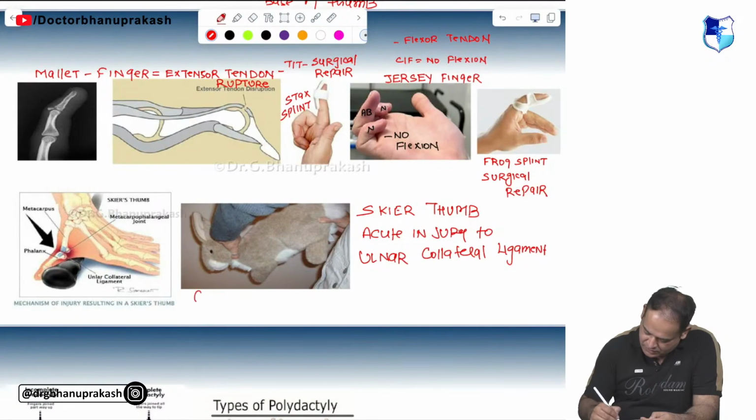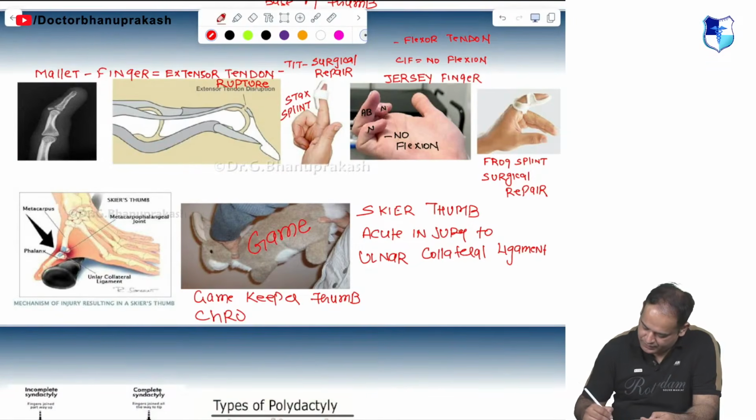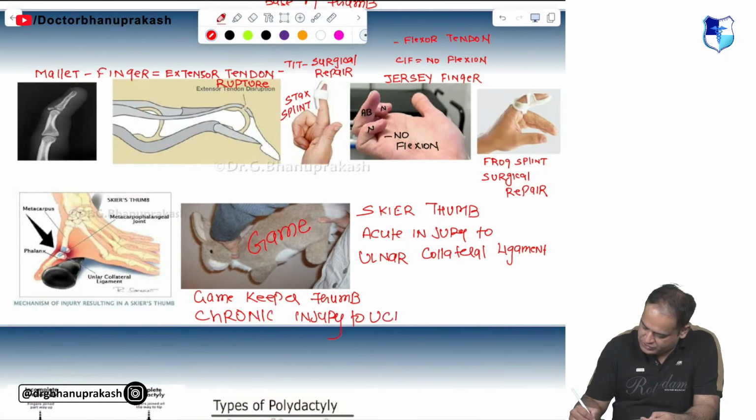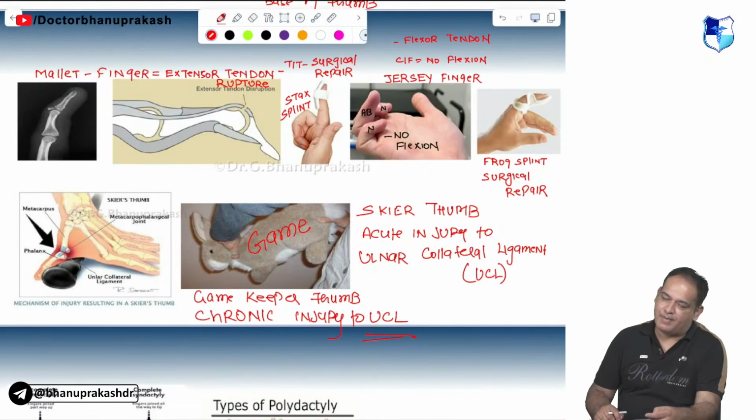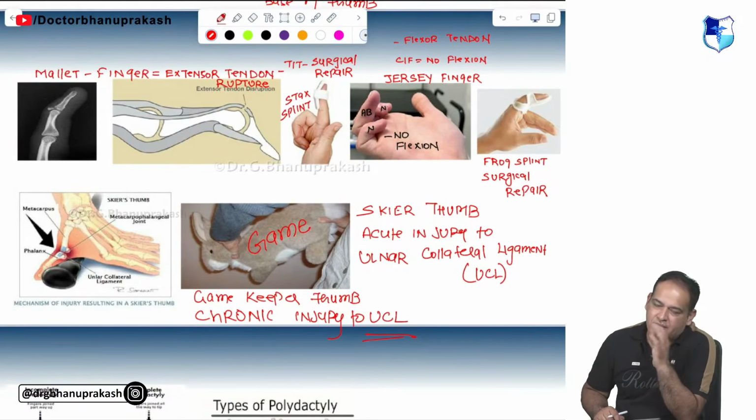Whereas this is gamekeeper's thumb. Gamekeeper: wild animals are called game. This is chronic injury to the ulnar collateral ligament, chronic injury to the ulnar collateral ligament.